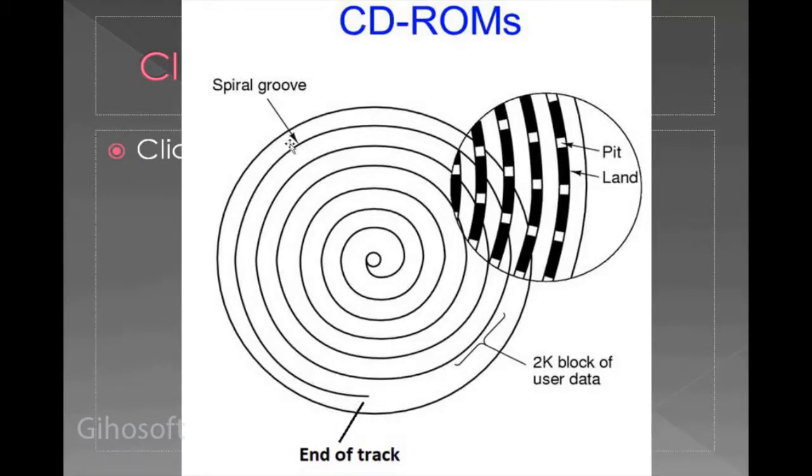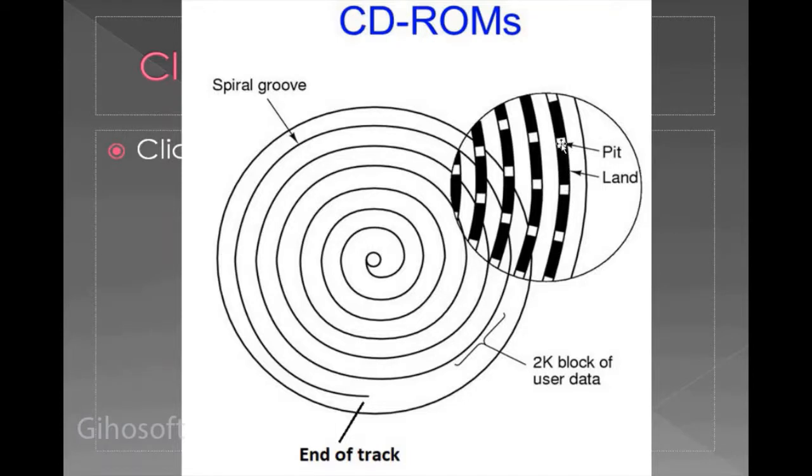Now this is a DVD or a CD, and on it, as you can see, there is a spiral track. It starts from the center and gradually moves towards the end of the disk. Now this is a pit and this is a land, or a bump.